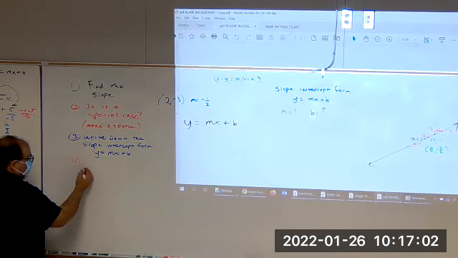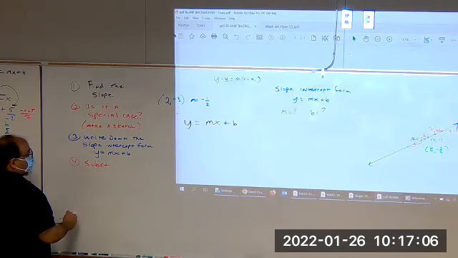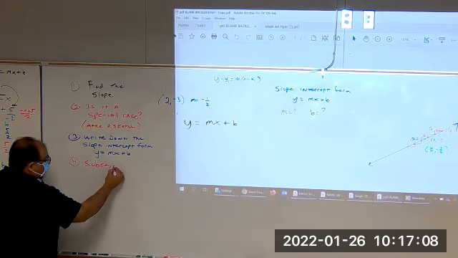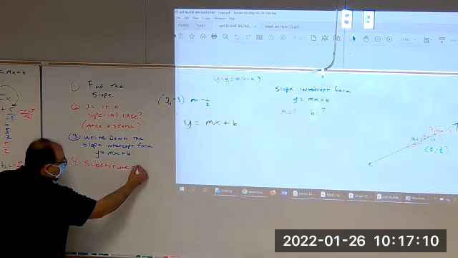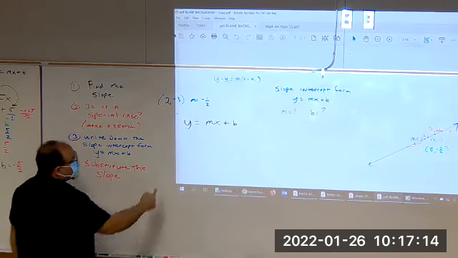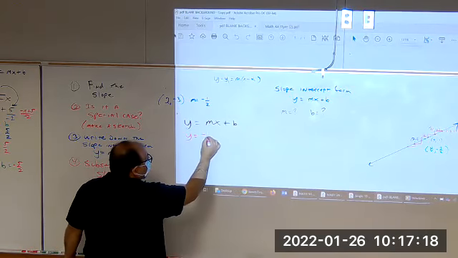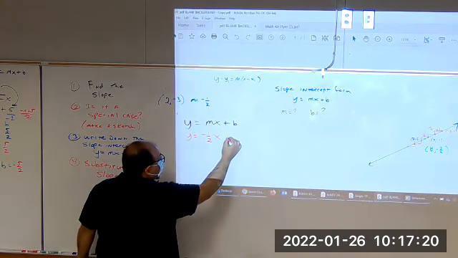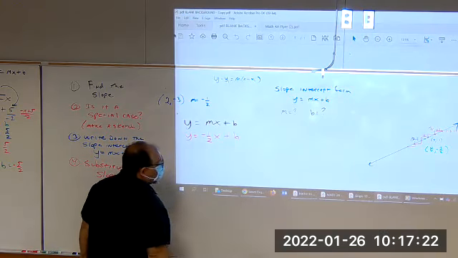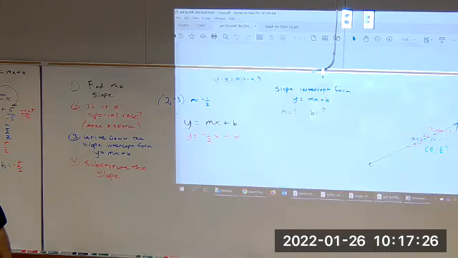Step 4, substitute. Substitute is a fancy word for saying plug it in. Substitute the slope. Plug the slope in. So y equals -1/2 x plus, we still don't know what b is. But we're almost done.